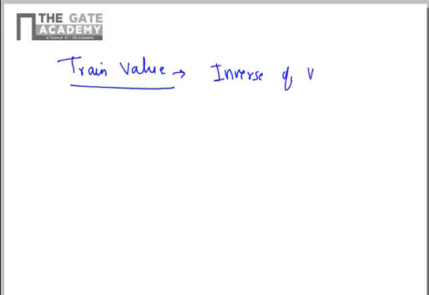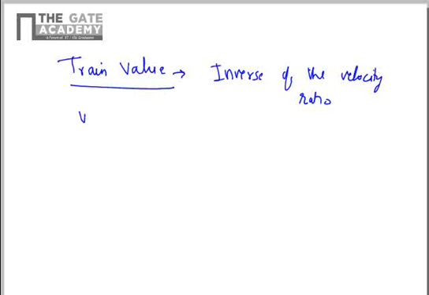Another quantity of interest defined in the velocity transmission is the train value. The train value is nothing but the inverse of the velocity ratio.